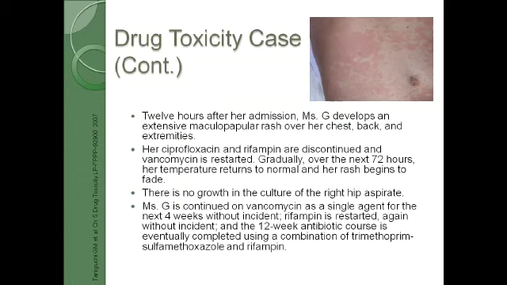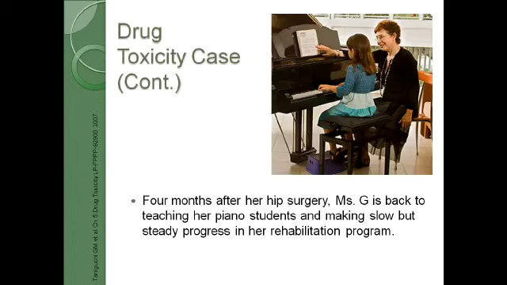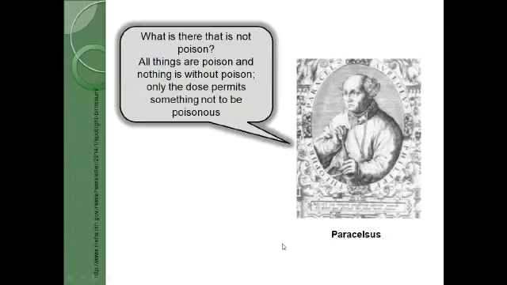But here, what is important is to understand how drug adverse effects may complicate the picture. So, 4 months after her hip surgery, the patient is back to her daily life and making slow but steady progress in her rehabilitation program.